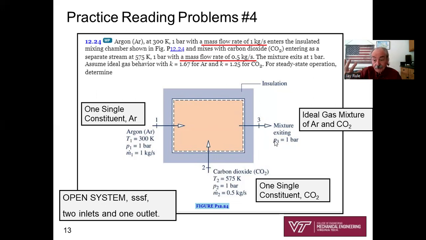So the mass flow rate at 3 has got to sum up to m-dot 1 plus m-dot 2. These are mixing to come up with a homogeneous mixture of argon and CO2, so I only have to worry about the mixture at state 3, with two single-constituent inflows. Open system, steady state, steady flow, 2 inlets and 1 outlet, and then you're pretty well on your way in solving this problem.